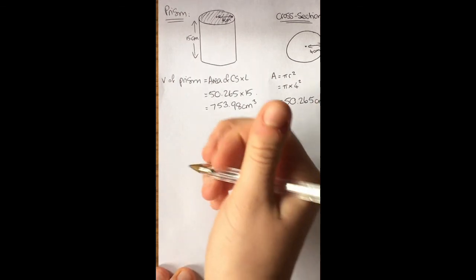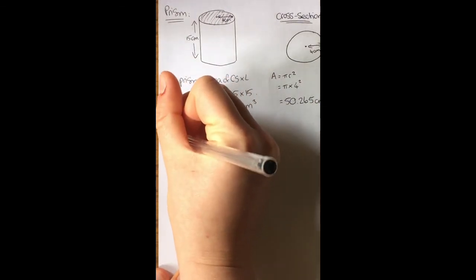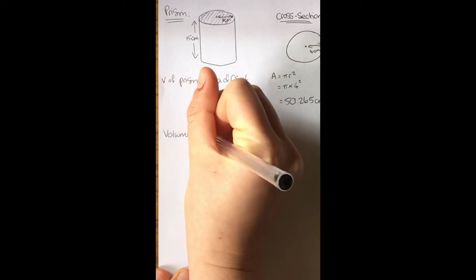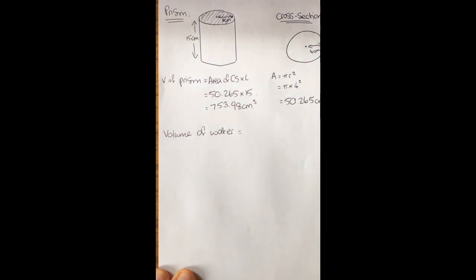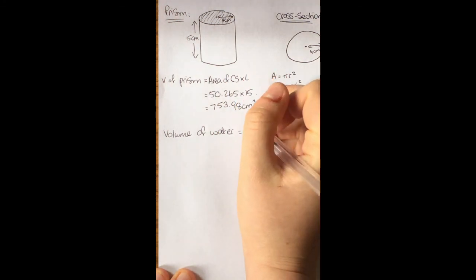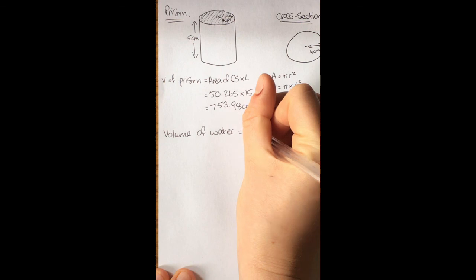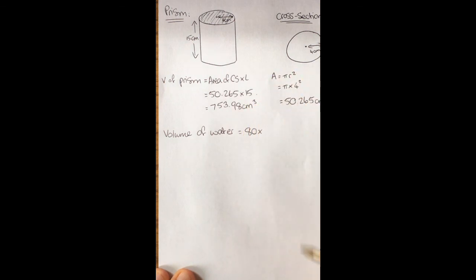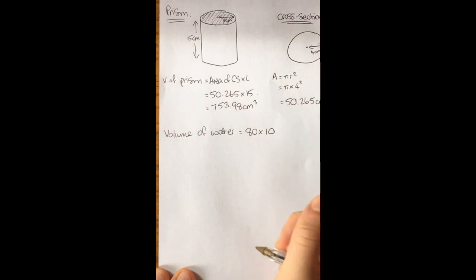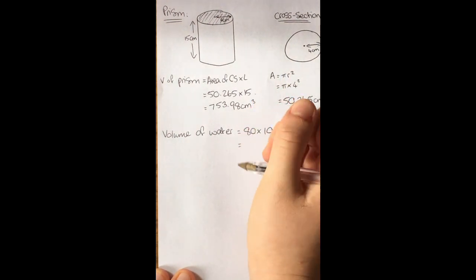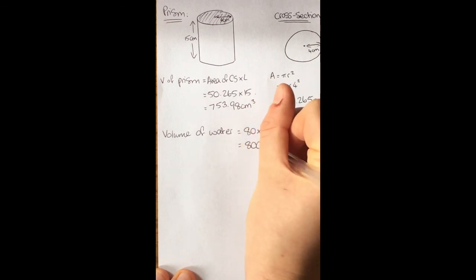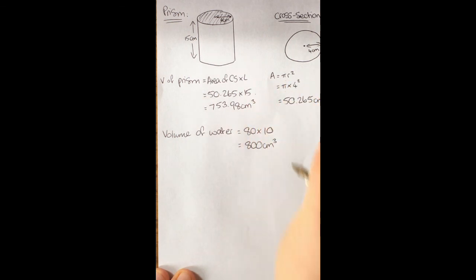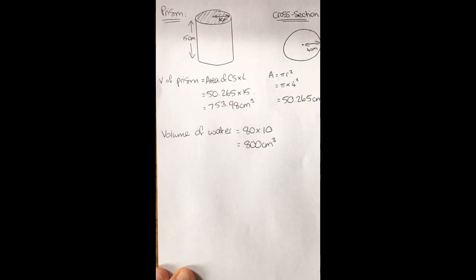Okay, so the volume of water is equal to the amount going in, so that's 80, and that's happening for 10 seconds, so we have 10 lots of 80 going in. Okay, so our answer for the volume of water is 800 centimetres cubed, because it is a volume of water.